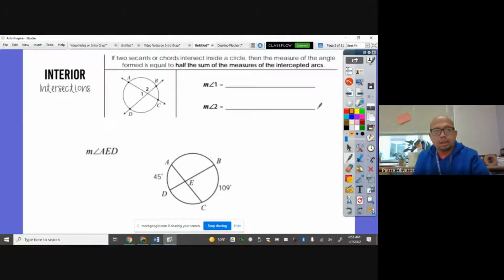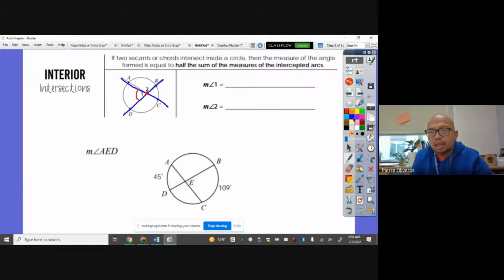So let's go ahead now. If two secants or chords intersect inside a circle, so this is the intersection, then the measure of the angle formed is equal to half the sum of the measures of the intercepted arcs. Say this is my figure, these are my two secants, and the intersection is right here. They form an angle here, angle 1.